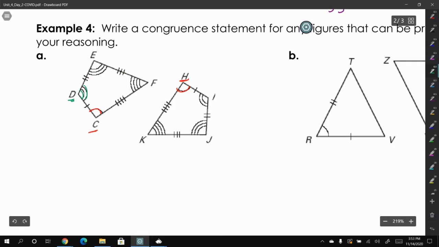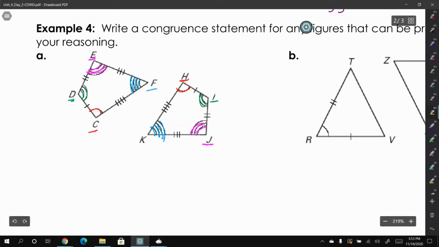D and I both have one marking, so they're congruent to each other. E has 3, J has 3 arcs, so those are congruent to each other. And then F has 4, and K has 4. So we can say that these are congruent.